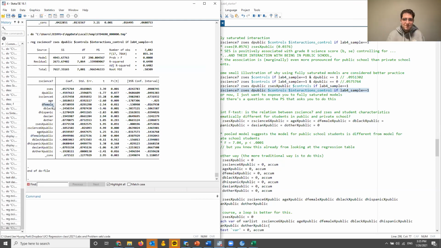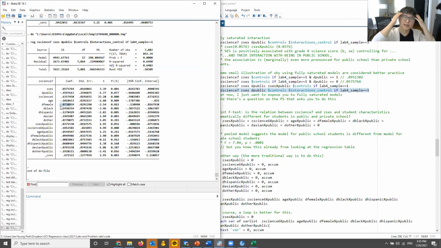So for a girl in private school, or for students in private school, the difference between male and female in their science score is this, meaning boys scored higher on science than female by this much.